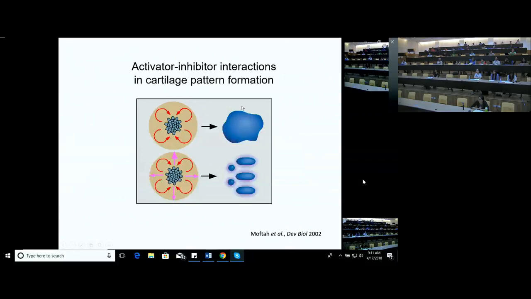Okay, so the basis of the Turing type of mechanism, this physical mechanism of patterning, is that there are activator and inhibitor interactions. This is one of the forms that the Turing mechanism can take. So you have cells here, and the cells are producing an activator.